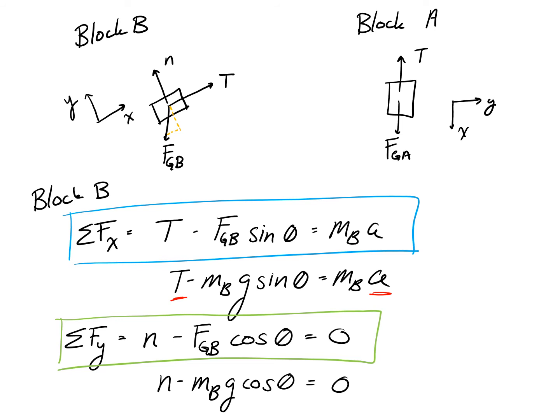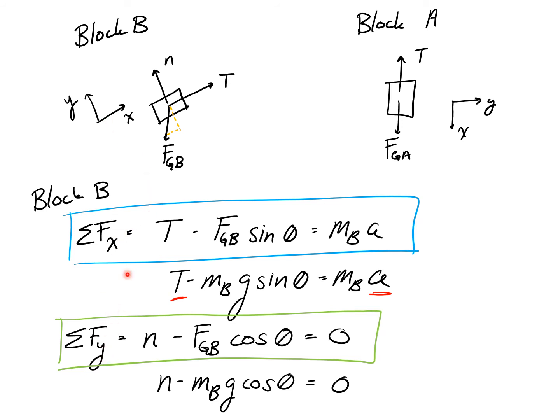I don't know what you've chosen. I have chosen a coordinate system such that all of my motion for block B and block A is in positive x. Or, if I guessed the direction wrong, it'll be a negative x. But they are moving some way in the x direction.